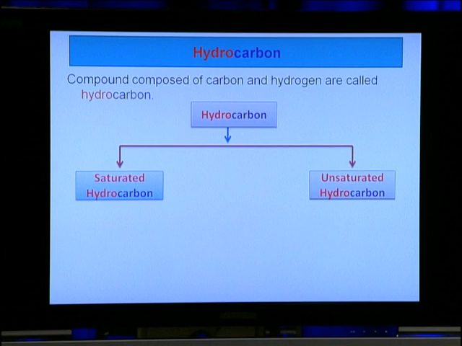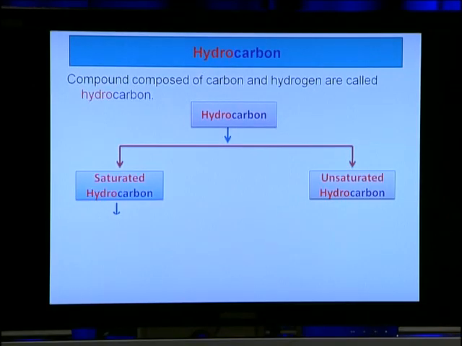In the following slides, I would take you through why certain kinds of hydrocarbons are called saturated hydrocarbons, and on the other hand, why certain kinds of hydrocarbons are called unsaturated hydrocarbons. An example of the saturated hydrocarbon we have is alkane.